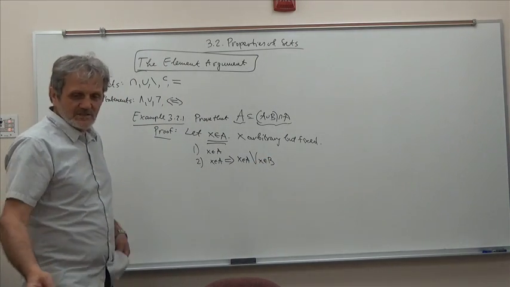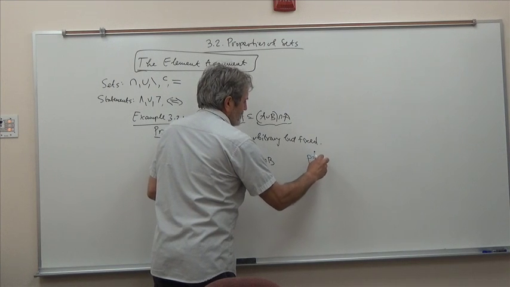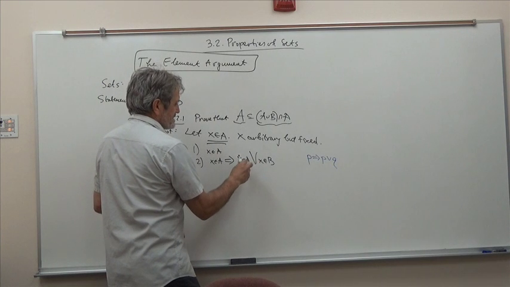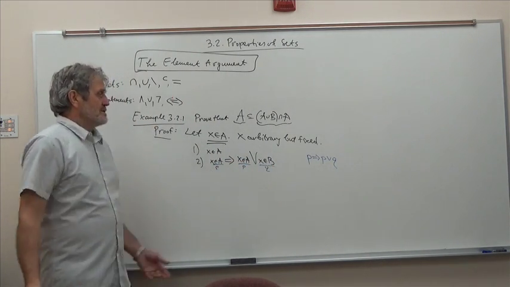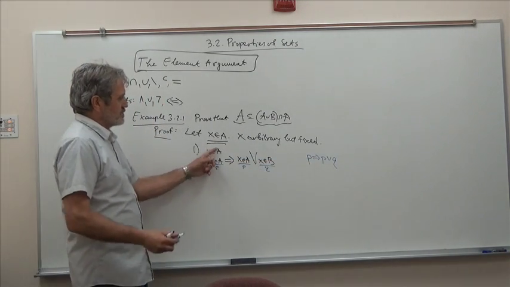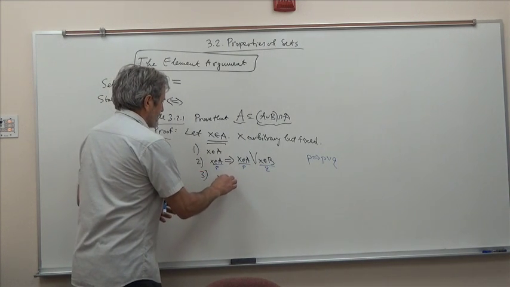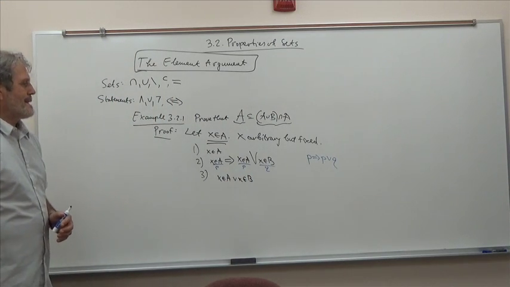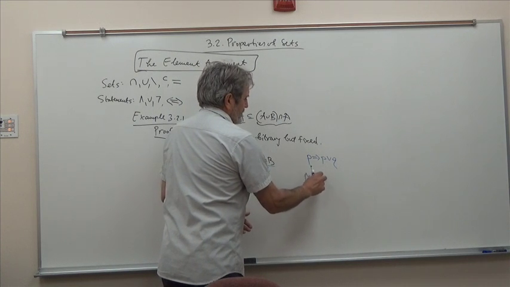I'm using logic here: this is a tautology, P implies P or Q, where P stands for x belongs to A and Q for x belongs to B. Since this is a tautology, this is a correct conclusion. Using modus ponens from 1 and 2, I get x belongs to A or x belongs to B. So the justification is modus ponens between 1 and 2.